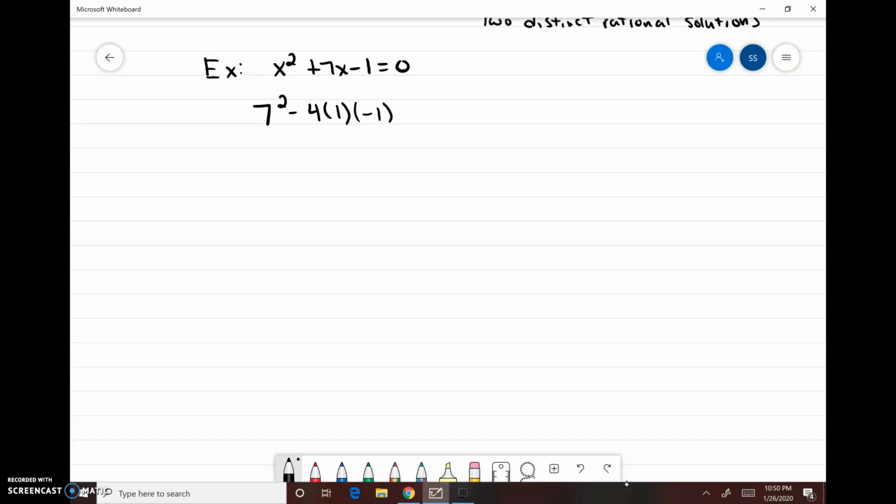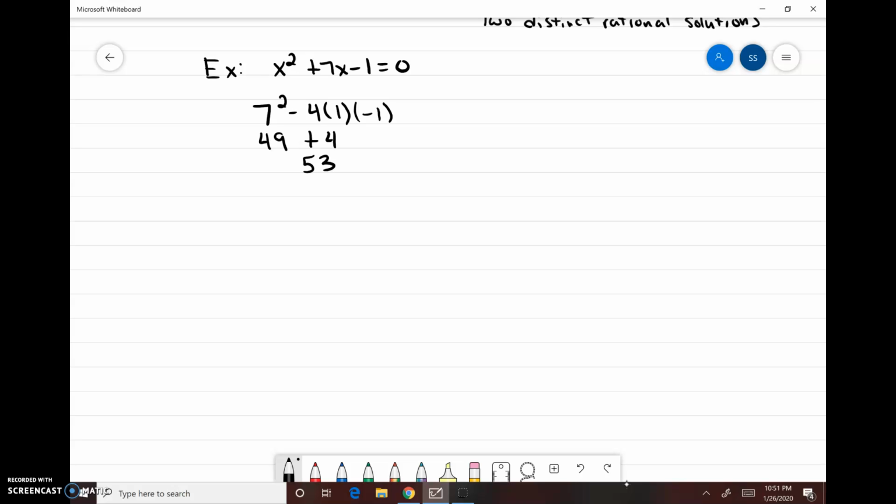Well, 7 squared is 49. Negative 4 times 1 times negative 1, so that turns positive. Negative 4 times 1 is negative 4, times a negative 1 gives me a positive 4, which gives me 53.